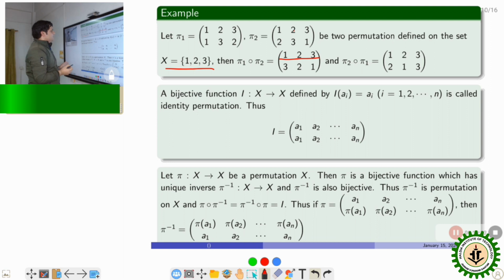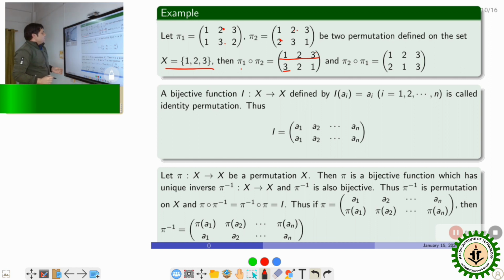First pi2 maps 1 to 2, then pi1 maps 2 to 3, so pi1 ∘ pi2 maps 1 to 3. Second, pi2 maps 2 to 3, then 3 maps to 2, so 2 maps to 2. Next pi2 maps 3 to 1 and 1 maps to 1, so 3 maps to 1. Similarly, pi2 ∘ pi1 equals 1 to 3, 2 to 1, 3 to 3.